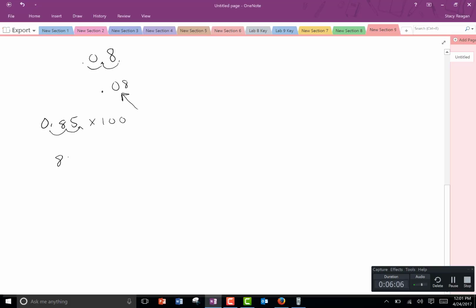So this would be 85 and then add the percent sign. So if you're going from a percent to decimal, divide by 100. If you're going from a decimal to percent, multiply by 100. And that'll get the change for you.